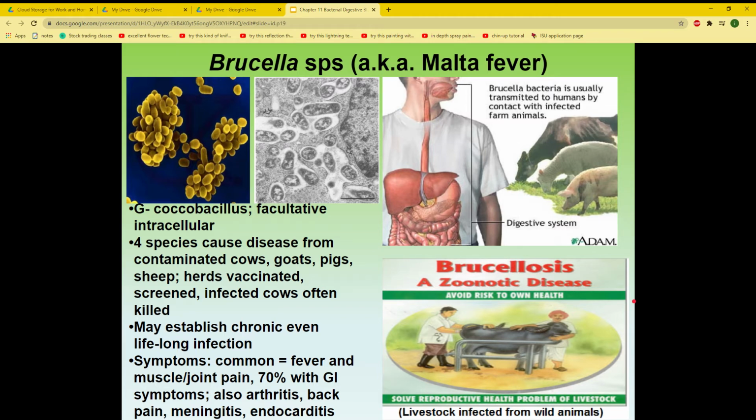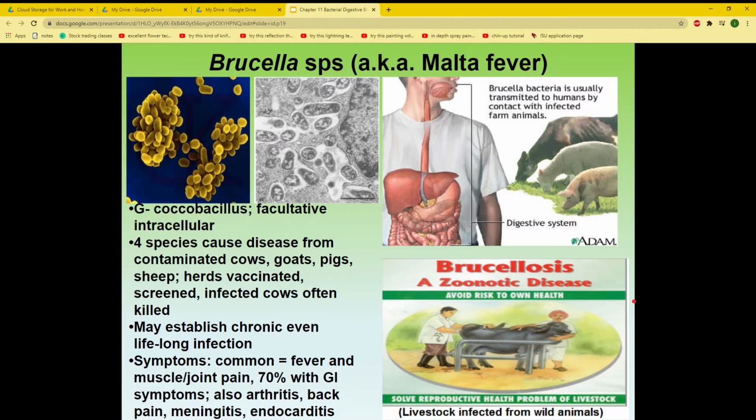It is a kind of bacteria that might end up being chronic. But you can then end up with a variety of generalized symptoms because it is, in fact, spreading throughout the body. And it can generate sort of flu-like symptoms, fever, muscle and joint pain.